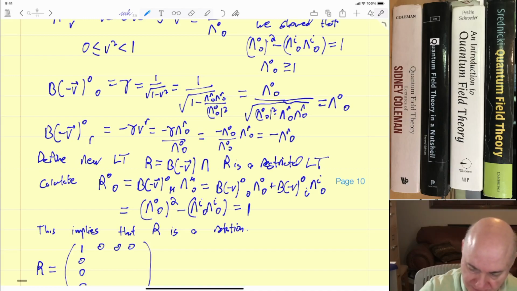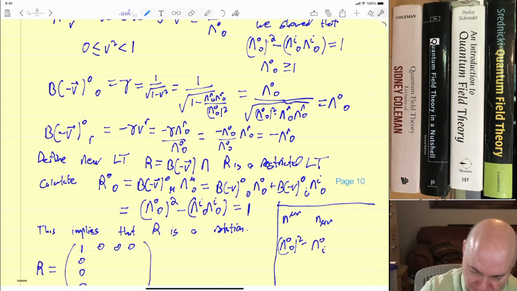I didn't show it explicitly, but when we derived this formula here, if we had used n mu nu instead of n mu nu, we would have gotten lambda 0,0 squared minus lambda 0i, lambda 0i.